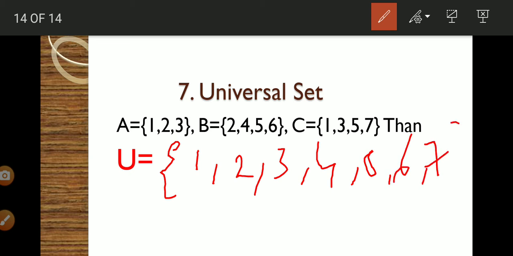Why? The universal set should contain the elements from set A, B and C. It should be picked from all the sets, but repeated numbers should not be included in the universal set.